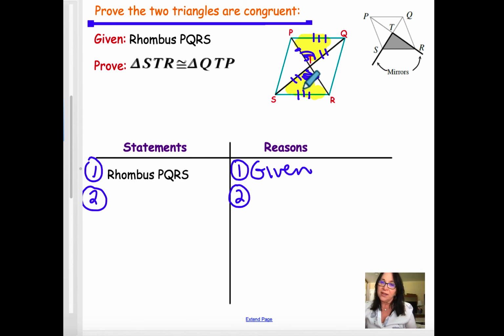Because we did side, side, side the last time, I'm going to choose to prove those 2 triangles congruent by side, angle, side this time.